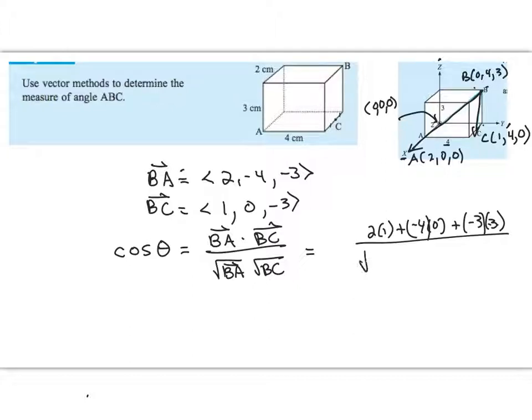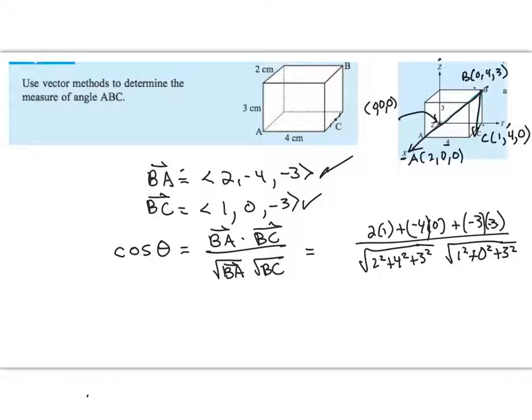All of that is going to be over the square root of 2 squared plus 4 squared plus 3 squared, times the magnitude of this vector here, the square root of 1 squared plus 0 squared plus 3 squared.